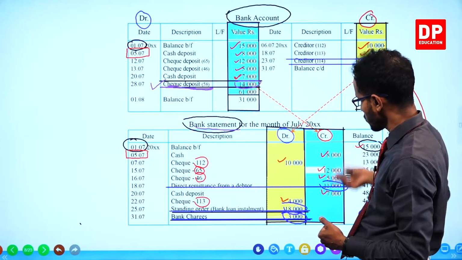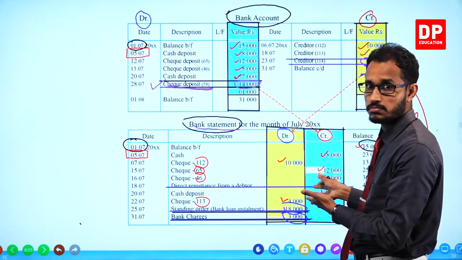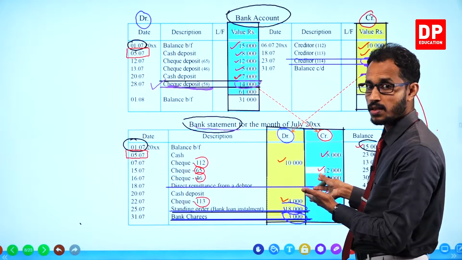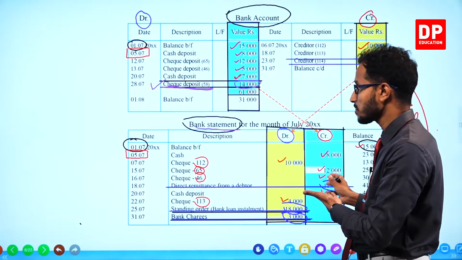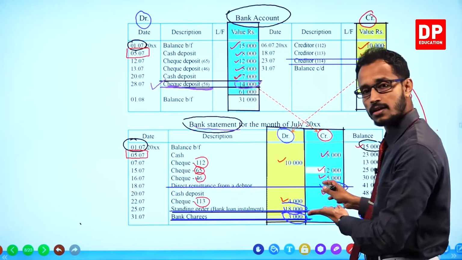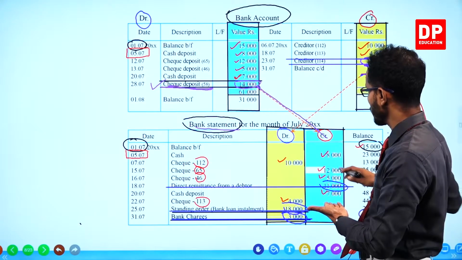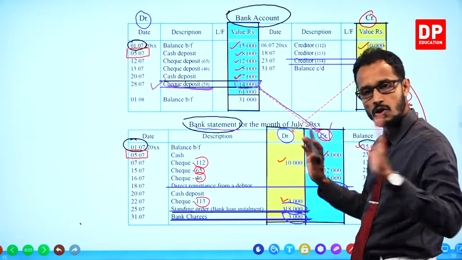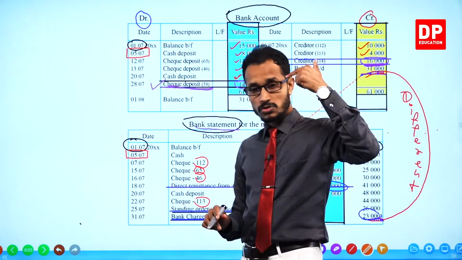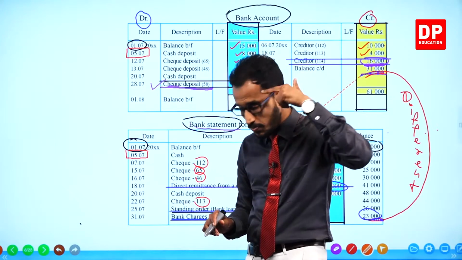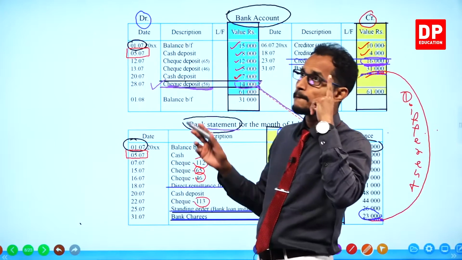That means it has not gone to the bank. If it went to the bank, it should be credited in the bank statement. But it is not credited here. Then we use our brains. We think, oh, this check.